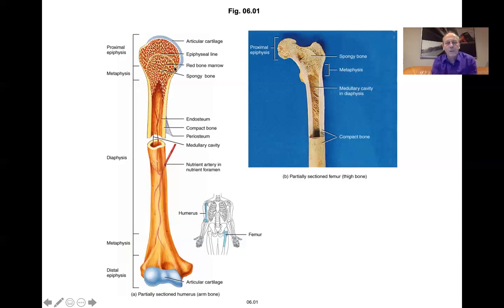What else can we see from this diagram? We can see that the surface of a bone is definitely made of compact bone tissue, whereas the epiphysis, both proximal as well as distal, is composed practically of spongy bone tissue, maintaining just the very surface as compact bone. The reason for that is mechanical.